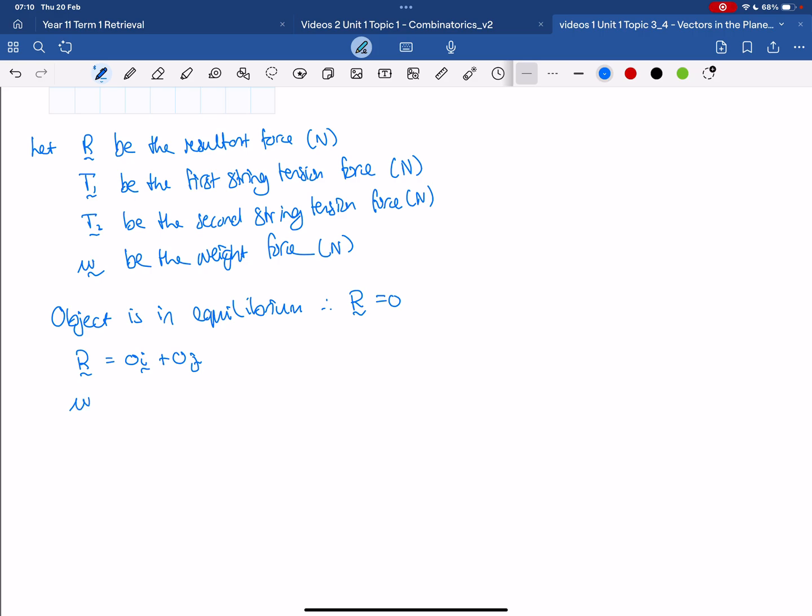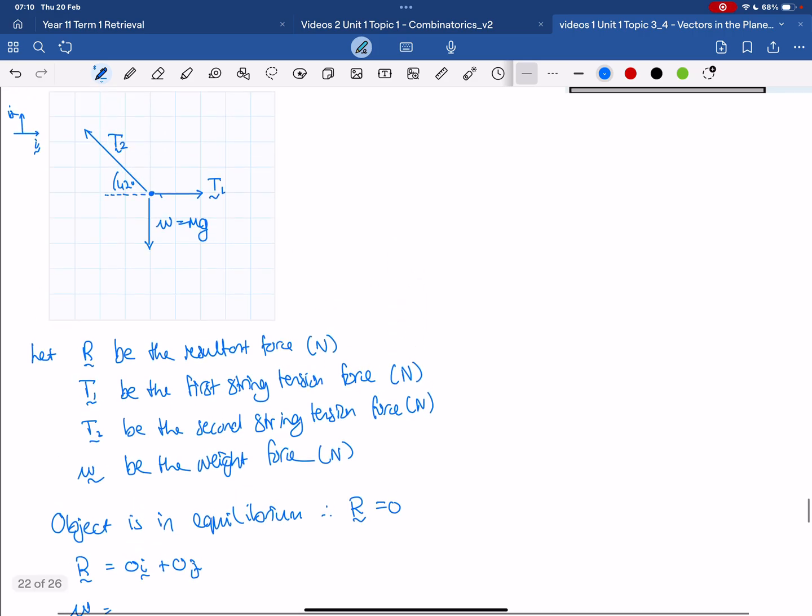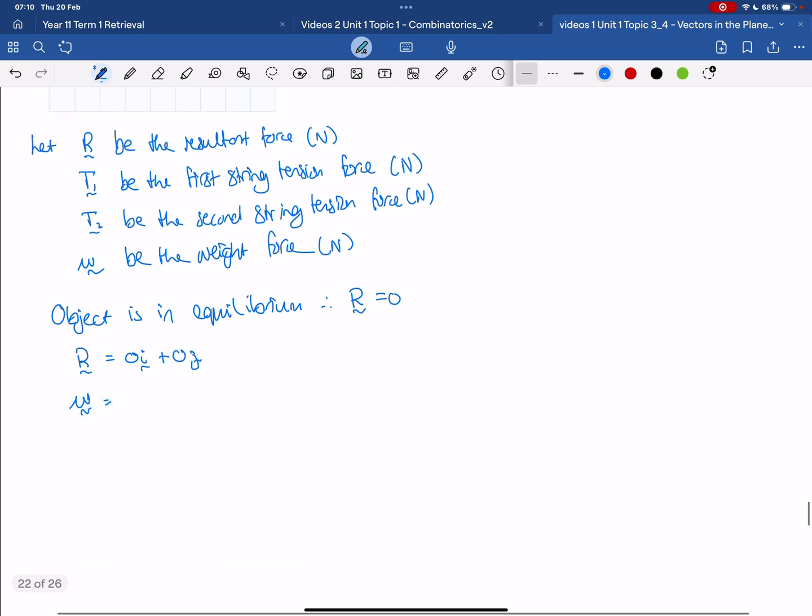Our W is acting in the negative J direction, and it's mg, so it's negative mgJ. But now they've given us the mass, and we know that g is 9.8, so we can write that as negative 1 times 9.8J, and that's just going to be negative 9.8J.